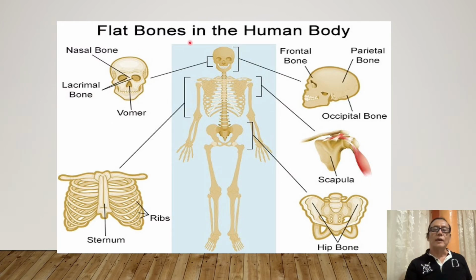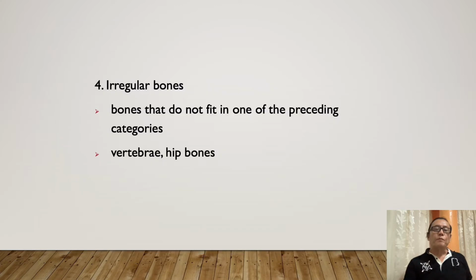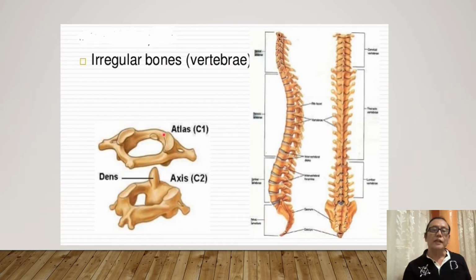That is where you find the flat bones. And the fourth category, those that are not classified in the preceding categories, are classified as irregular bones, like the vertebrae and the hip bones. As you can see, they are irregular in shape.